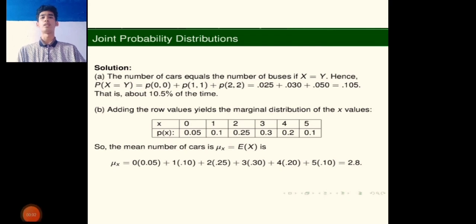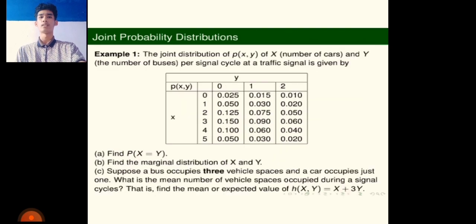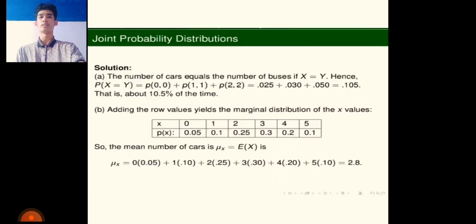Solution number 1. The number of cars equals the number of buses if x equals y. Hence, the probability of x equals y is the probability of 0, 0, plus 1, 1, plus 2, 2.